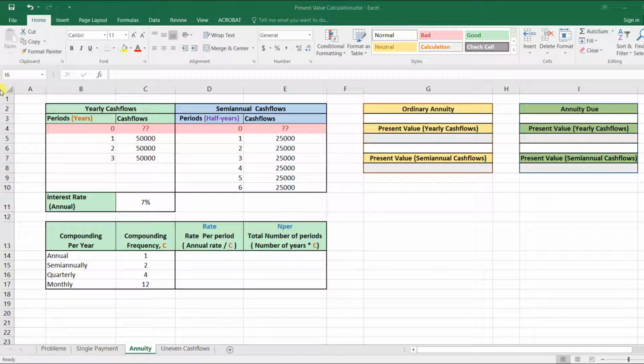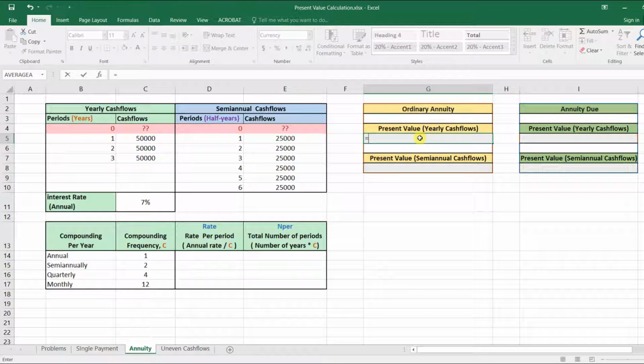So first we'll solve the problem with yearly cash flows. To do it, we'll be using the same PV formula again. So press the equal sign and select the function. Then the first parameter is again rate. Since this time it's yearly cash flows, we'll just use the annual interest rate. So select this cell and press comma. Then the number of periods is 3 years.